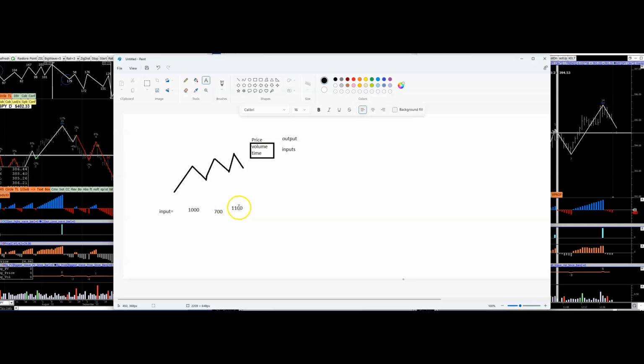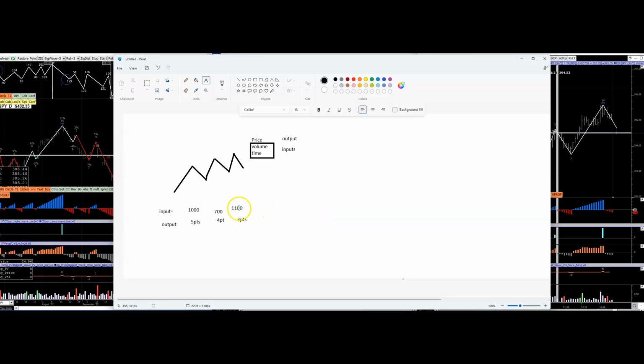That's a lot of effort, a lot of input in the third wave, relatively speaking. Now from the output, let's say, and I'm just using easy examples, this goes up 5 points. Next one goes up 4 points. Next one goes up 3 points.